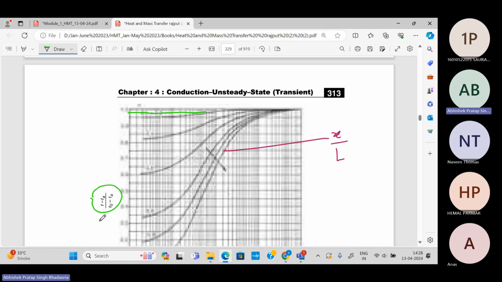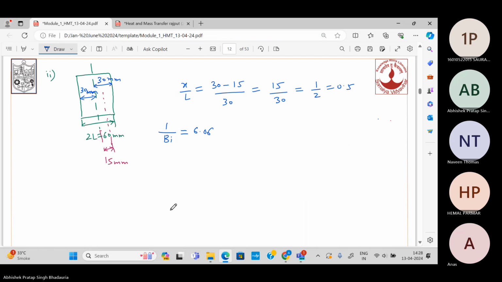So t minus ta divided by t naught minus ta is equal to 0.97.